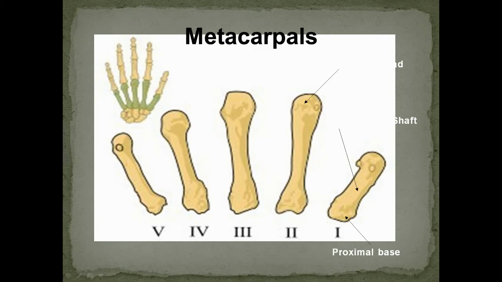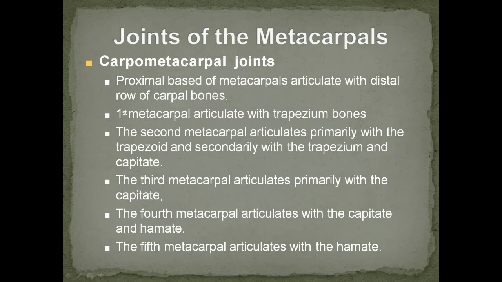In the first metacarpal bone, we can see here the proximal base, in between is the shaft, and the distal side is the head of the metacarpal bone.